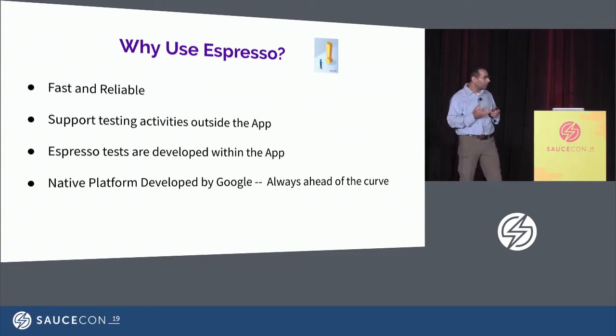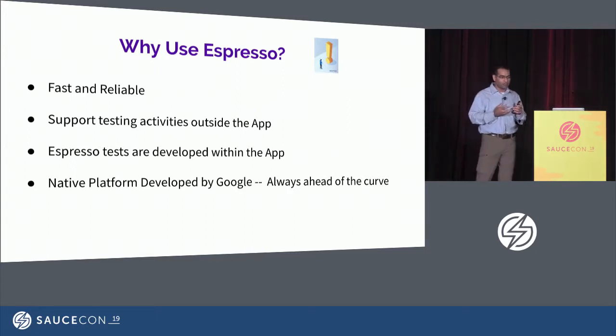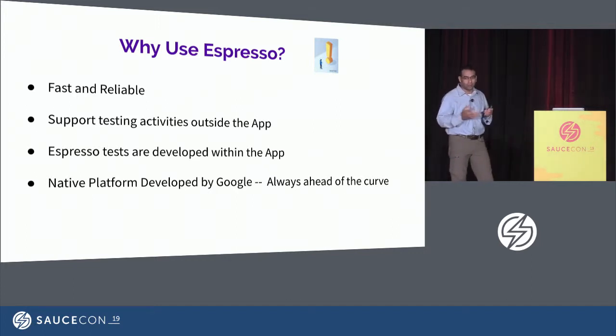Also these tests are developed inside the Android app project. So the advantage is that even the developers can collaborate with an automation engineer like myself to write Espresso tests, so there's closer collaboration between developers and automation engineers.